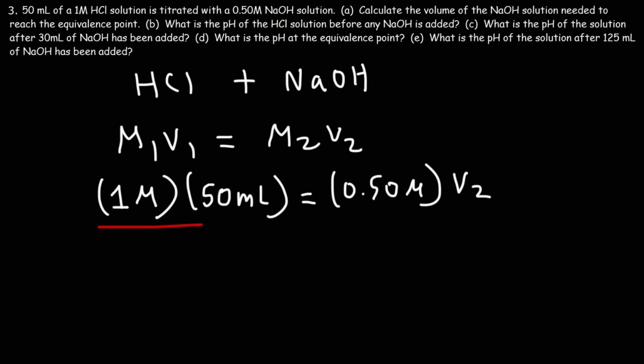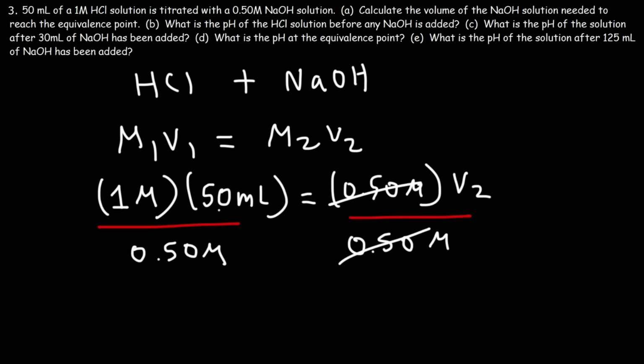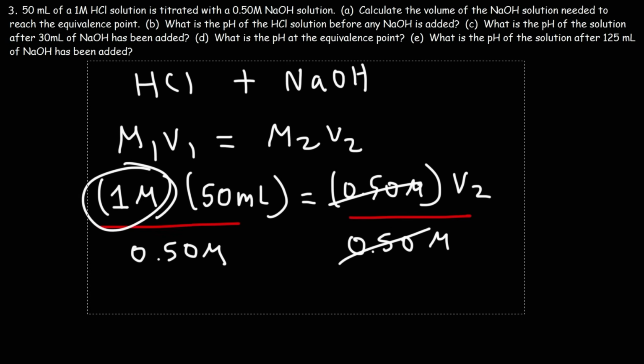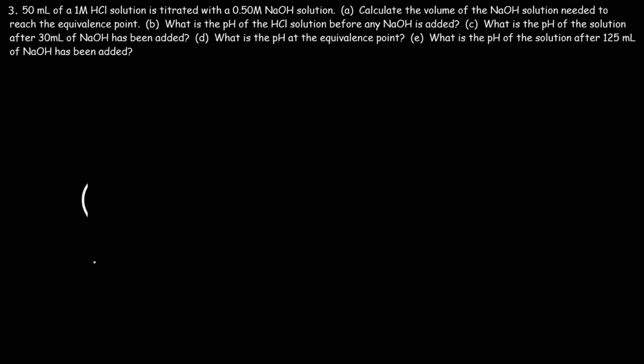So let's go ahead and divide both sides by 0.5 M. One divided by 0.5 is 2. 2 times 50 is 100. So the volume at the equivalence point is 100 milliliters. So that's the volume of sodium hydroxide that we need to add to reach the equivalence point.